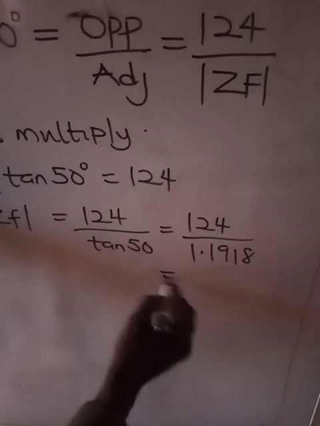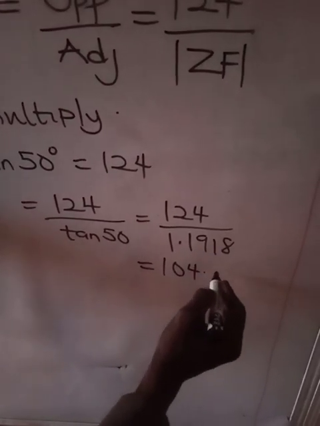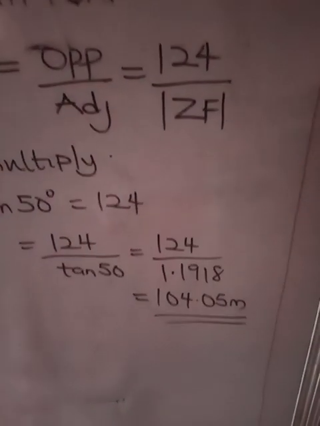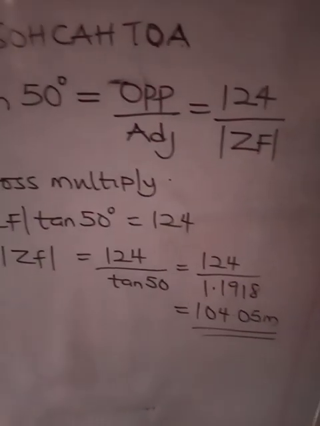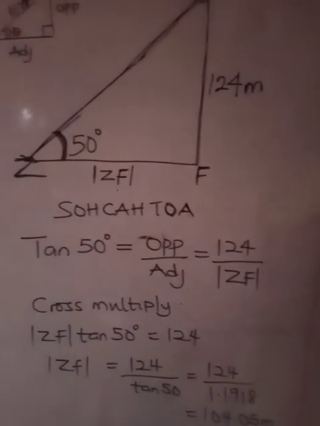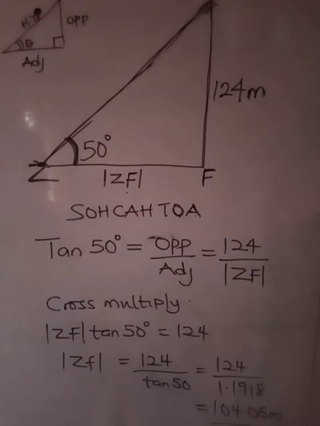If you divide, you get 104.05 meters. That's the distance ZF. I hope this is clear and straightforward. Do not forget, angle of elevation is when you are looking up. The angle that your eyes make with the horizontal is the angle of elevation.